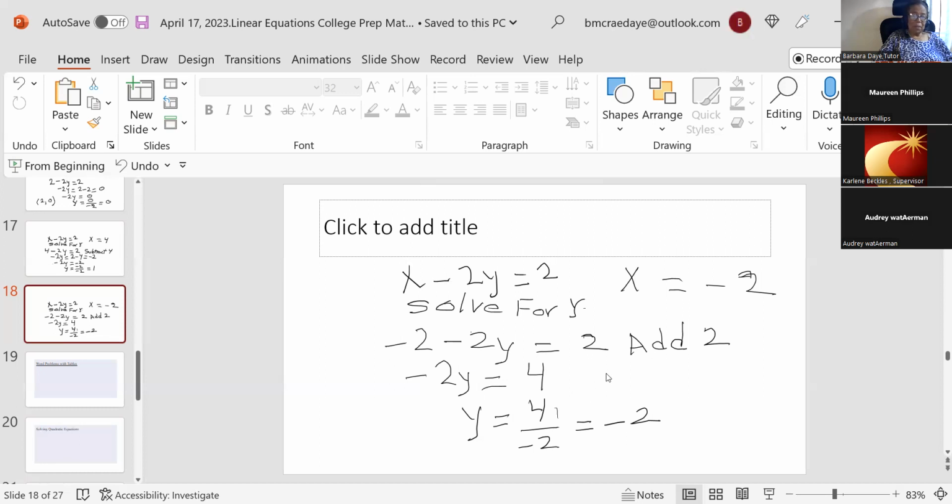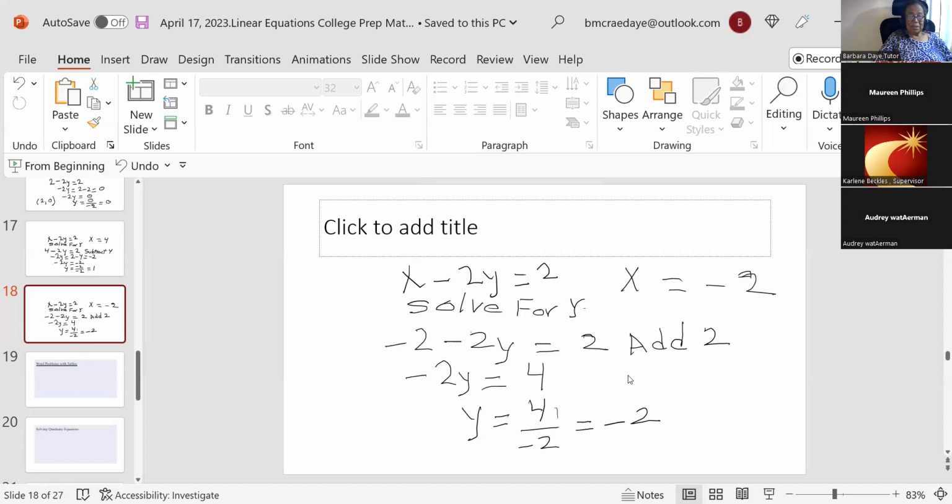What is that number? What number y times a negative 2 would give you a plus 4? Negative 2, because a negative 2 times a negative 2 is a positive 4.